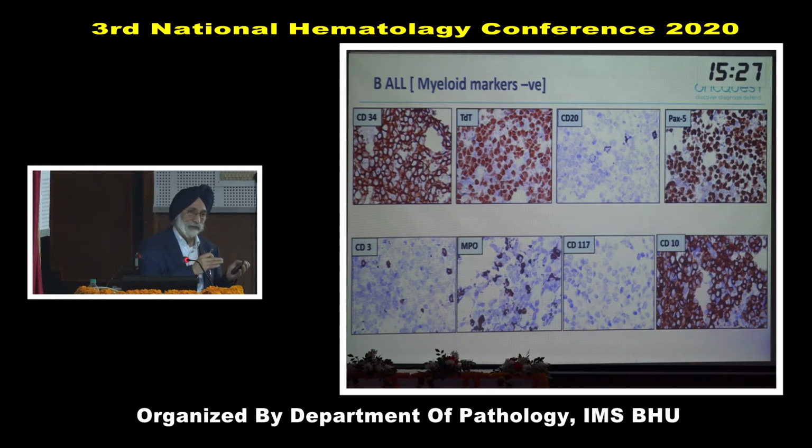At the first stage, we just want to see that immaturity markers like CD34, TDT are positive, along with lineage markers like CD3, PAX5. That will give us an idea which series it belongs to, and if the immaturity markers are positive, we know that it is likely to be acute leukemia.